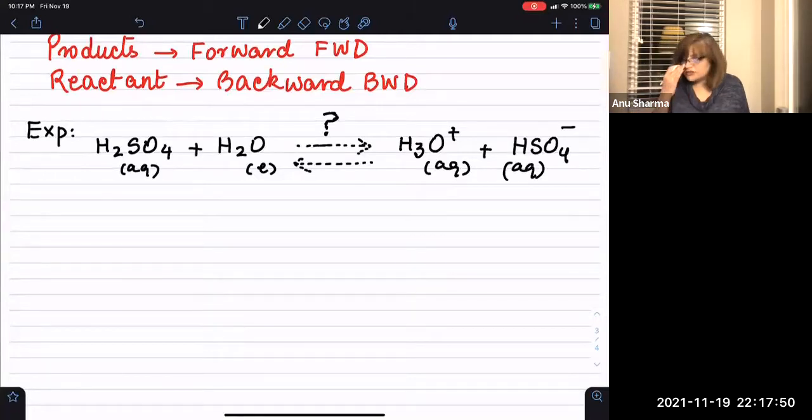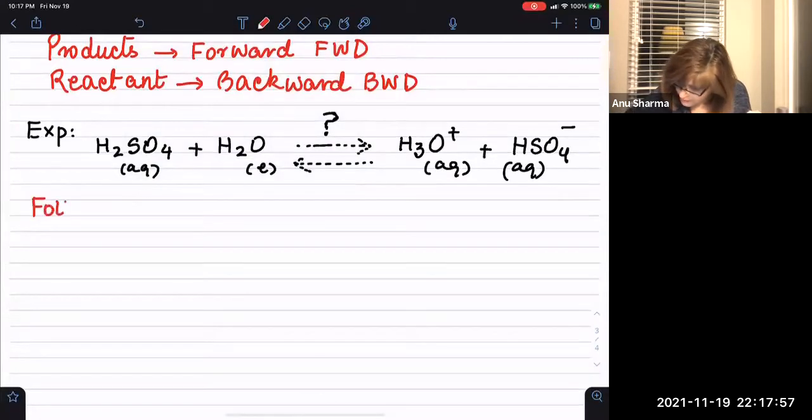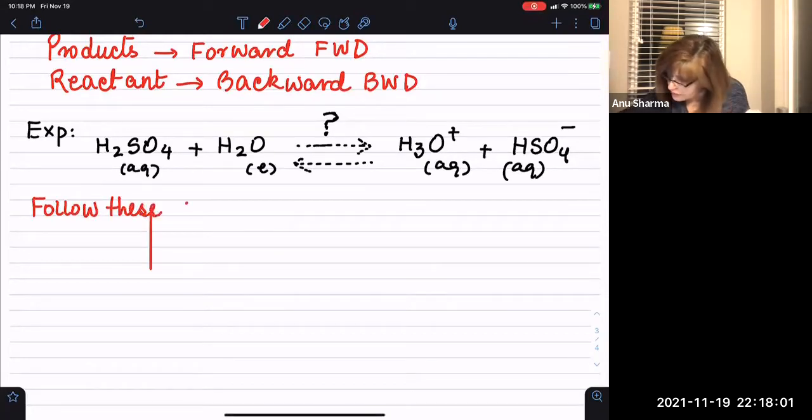Okay, so here are the steps. Follow these steps.